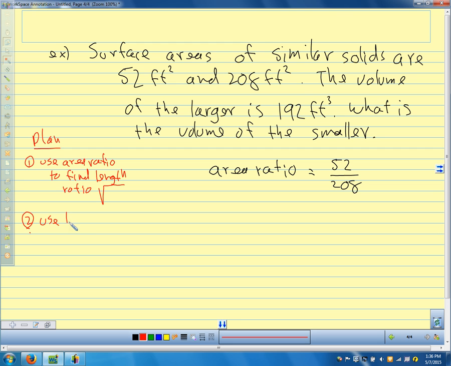Use the length ratio to find the volume ratio. And how do we get to the volume ratio? Cube. We're going to cube it. And then finally, we have to have something to do with our x, so we're going to write a proportion.